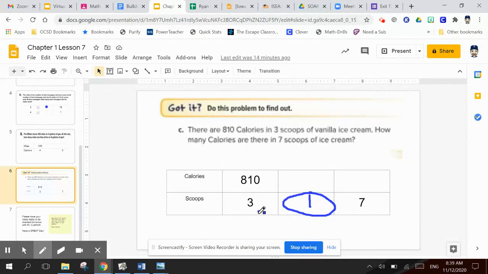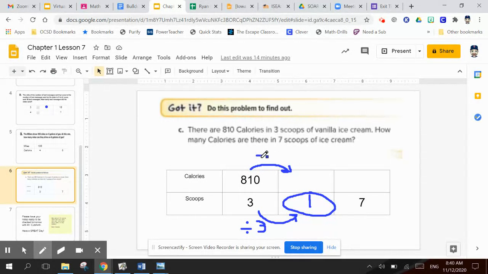So when I look from 3 to 1, my number's getting smaller, so that means I have to divide. What can I divide by 3 to get 1? That would be 3. So with unit rate, whatever I do to the bottom, or my denominator, I have to do to the top.